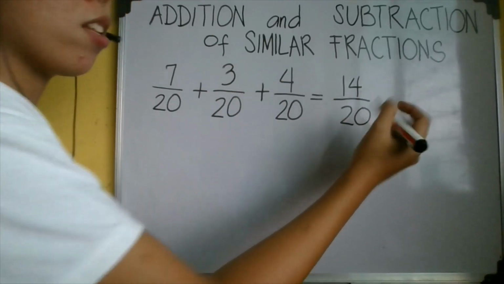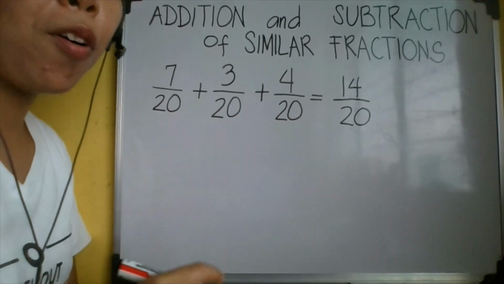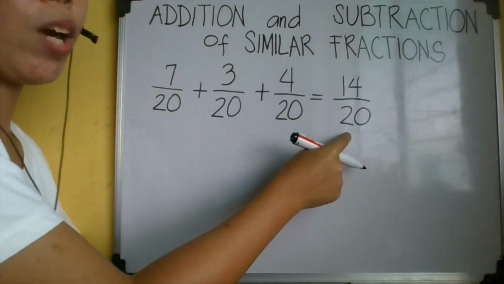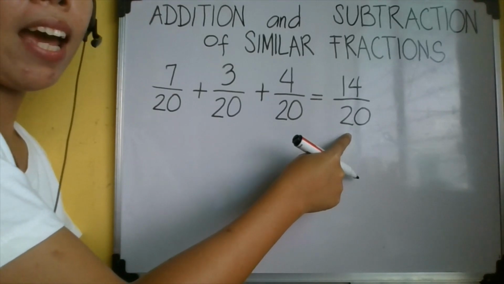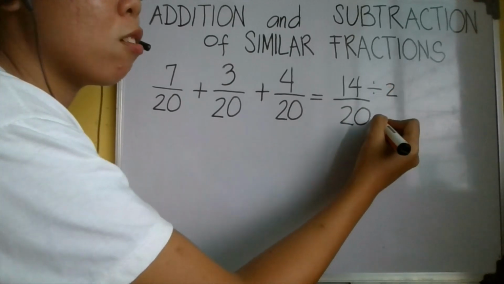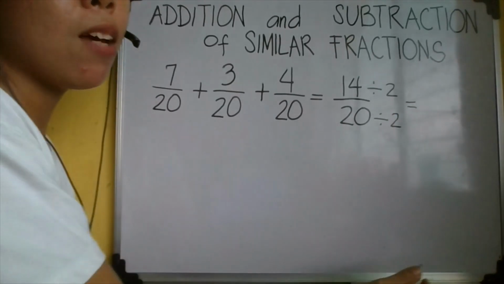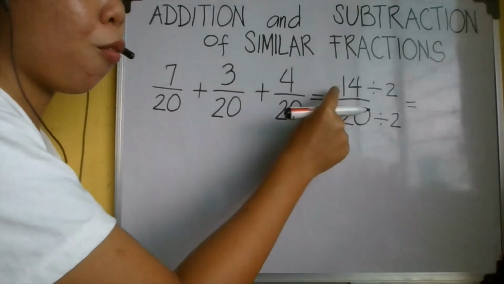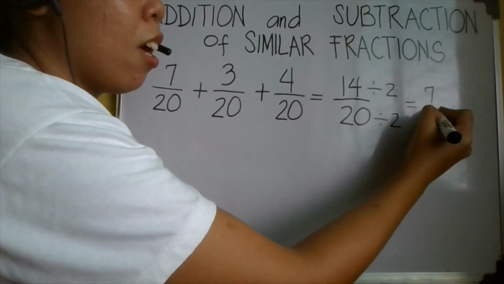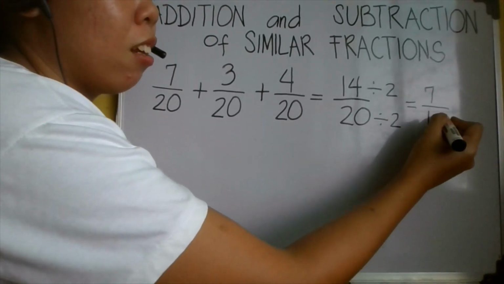14/20. Right, so 14/20. Do you think this is already in simplest form? That is not in simplest form because 14/20 can be divided by 2. So divide 14 by 2 and also 20 divided by 2 to reduce 14/20 to its lowest term. 14 divided by 2 is 7, and 20 divided by 2 is 10.